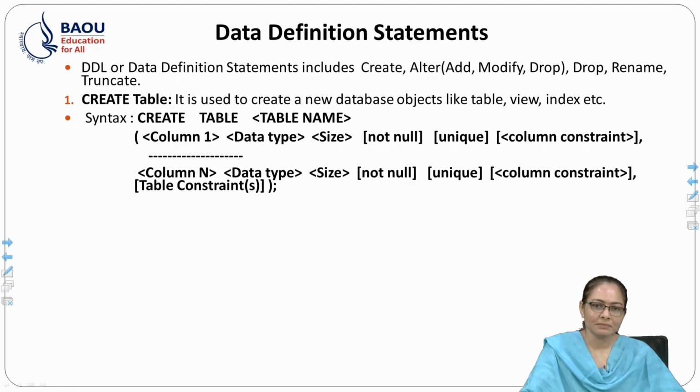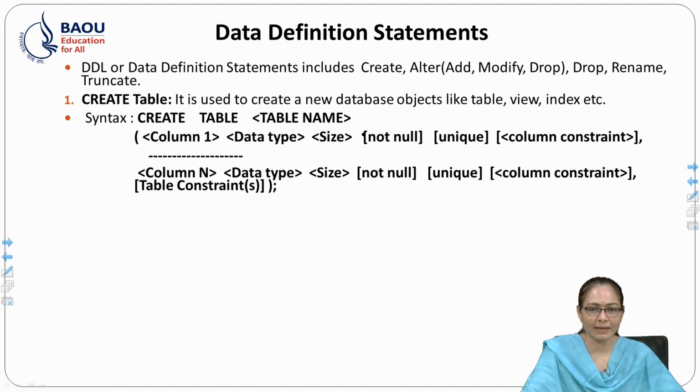First one is create table name, and in the round bracket, column 1 and its data type and specify the size in the round bracket. Then not null, unique and column constraints.